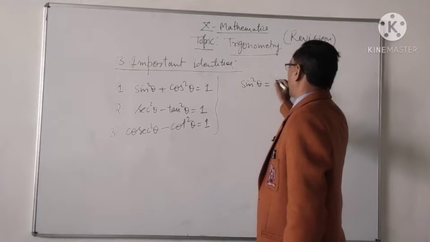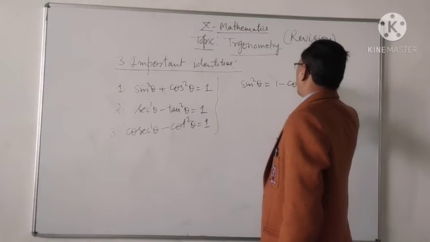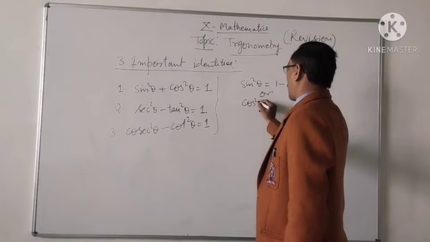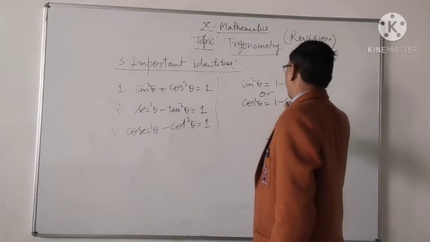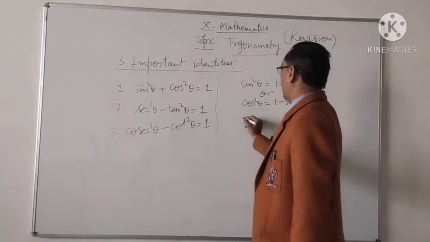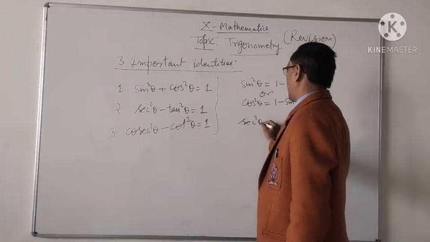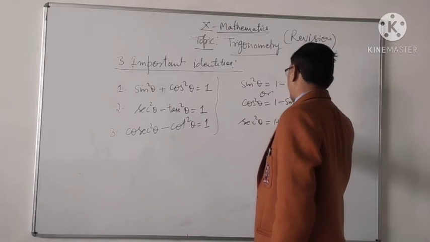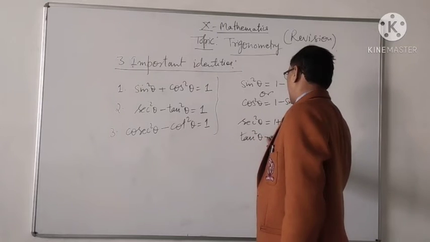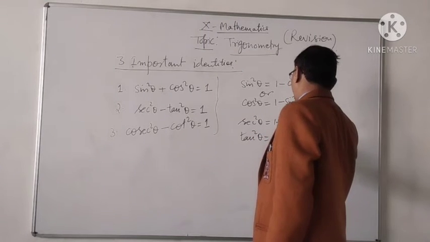Sin square theta equal to 1 minus cos square theta, or we can write cos square theta equal to 1 minus sin square theta. From the second, we can write sec square theta equal to 1 plus tan square theta, and tan square theta equal to sec square theta minus 1.